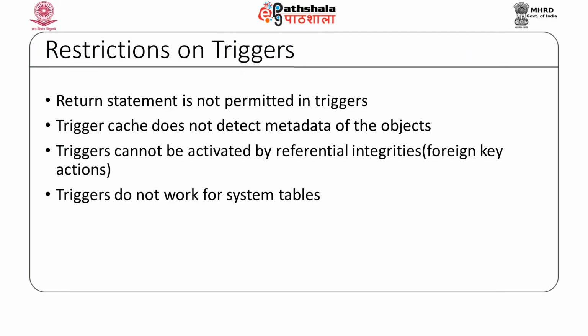The third point, triggers cannot be activated by referential integrities, that is foreign key actions cannot initiate my trigger. Foreign key actions meaning that if I am auto generating certain keys, if I am auto generating certain relationships, for that purpose I cannot make use of triggers.